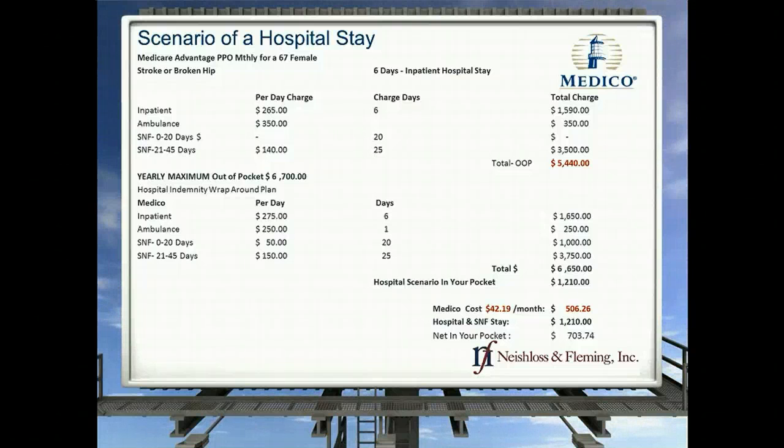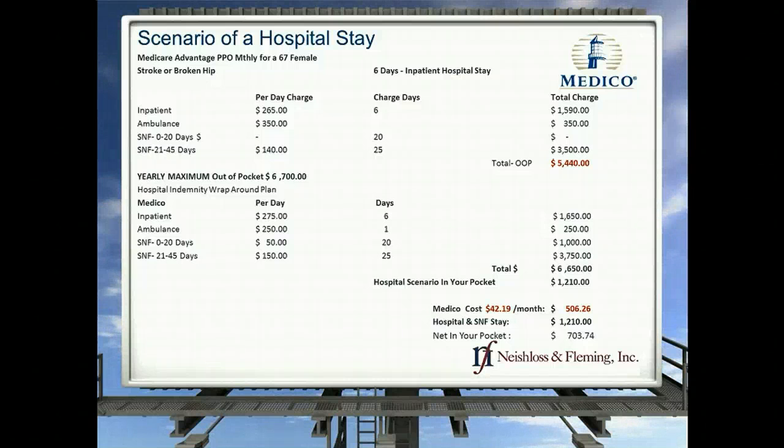They had the ambulance rider at $250 per occurrence, giving them $250. They added $50 per day of skilled nursing facility coverage, so for those first 20 days in the nursing facility, they net out $1,000 in benefits. For the next 25 days, days 21 through 45, they had purchased $150 worth of coverage. That would pay them over $3,700.